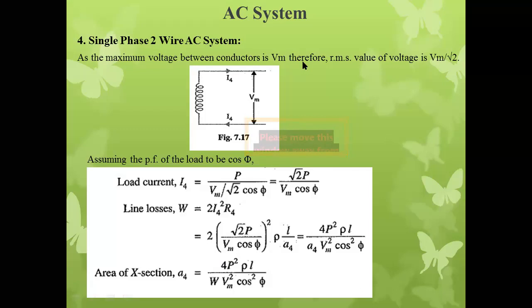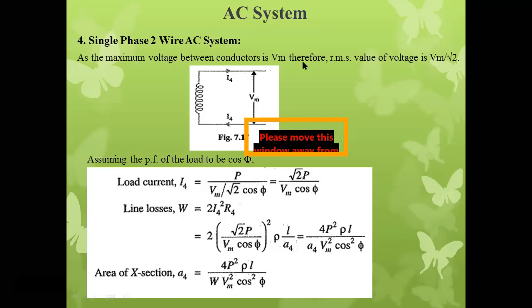Assuming the power factor of the load to be cos phi, the load current I4 is equal to P by Vm by root 2 into cos phi.